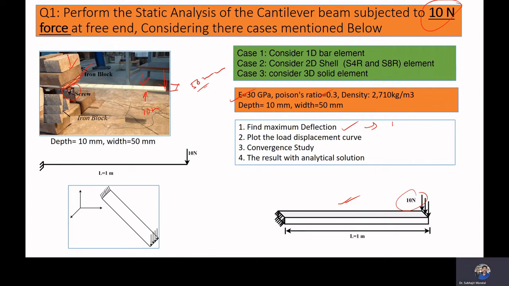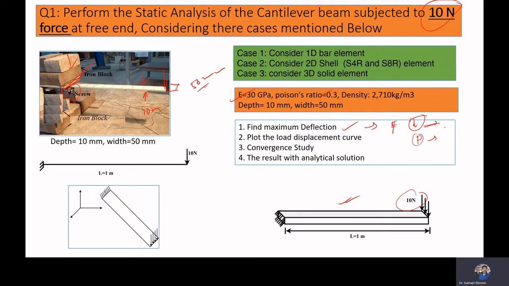In the convergence study, we can do it in two ways. One is by increasing the number of elements, or you can say finer elements, that is called H convergence. The other way to get convergence is by increasing the polynomial order. One is H convergence, another is P convergence.